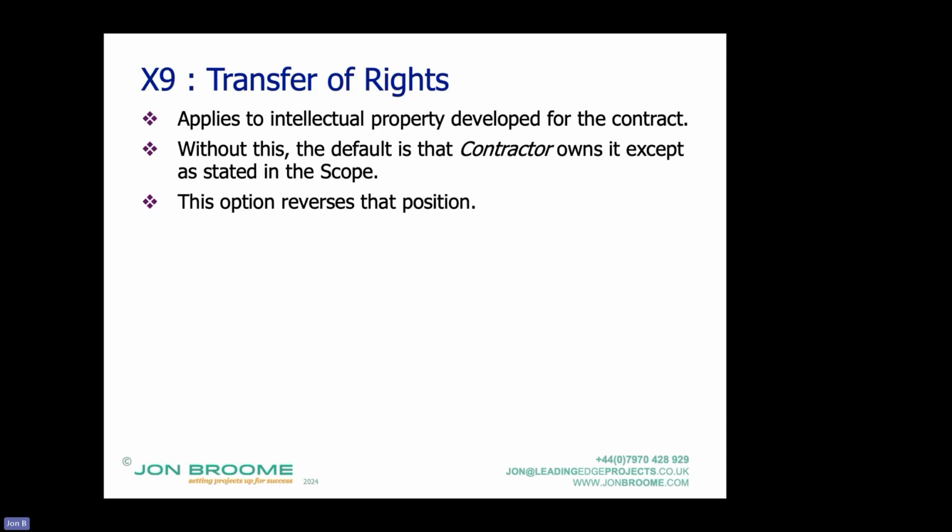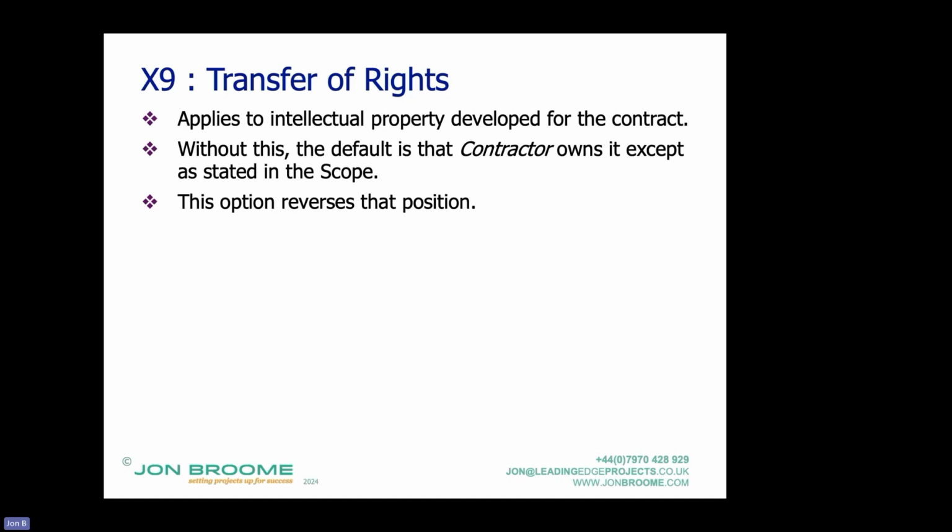So what they've developed for this contract, that's the default. But what you can do is say, except for this, without this option. This switches it around and says, without a specific statement in the contract, in the scope, the client owns the right intellectual property to what's been developed.